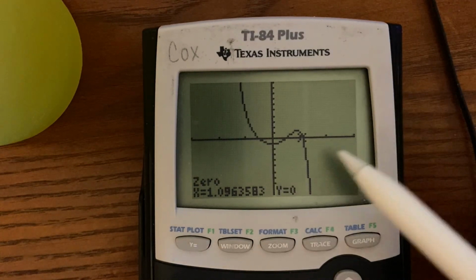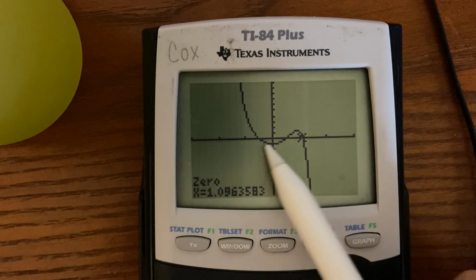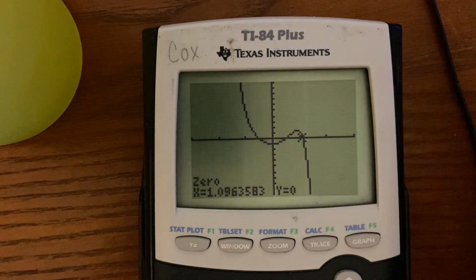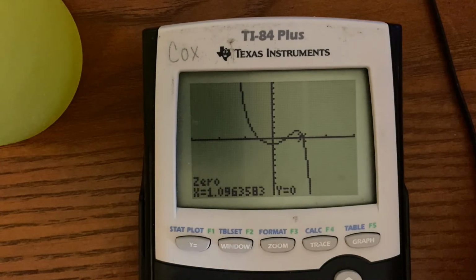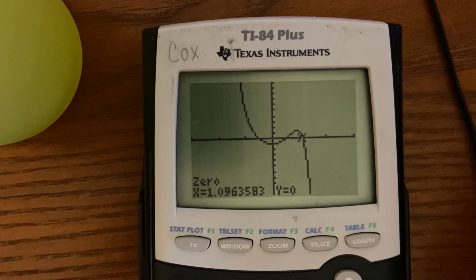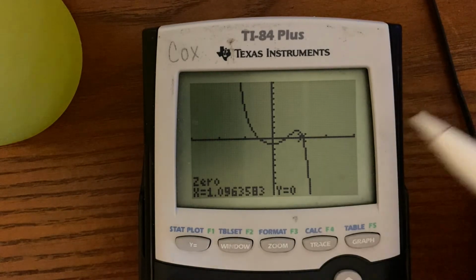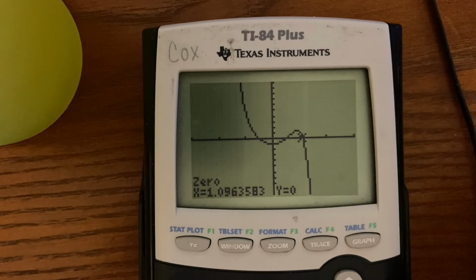So we would have between these two zeros, roughly -0.5 and roughly positive 0.5, with parentheses, because we're not including those points. And then from 1.10 all the way to infinity, because the whole graph is negative at this point.